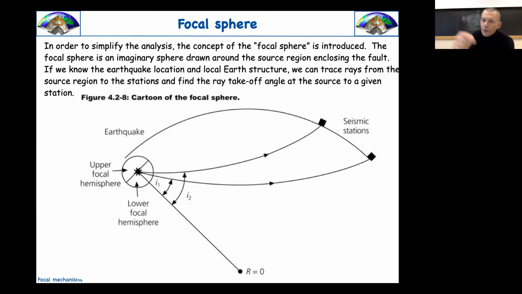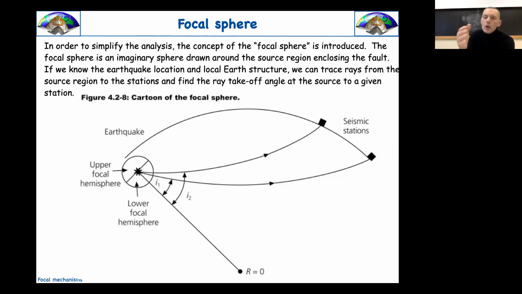But now to trace the ray back, we need to have also another piece of information, how the Earth is made. Otherwise, we cannot trace the rays back. We have to know the Earth's structure. But okay, we know it. Oh, we don't.